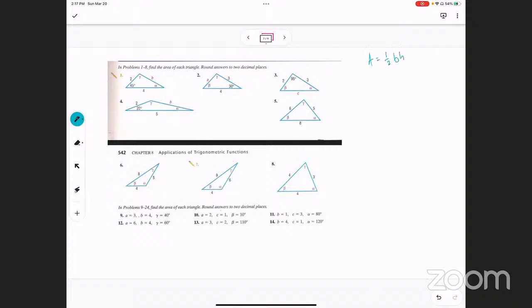Okay, but there's another one. There's an area formula. I think it's like 1/2 BC sine A or something like that. You don't know that formula?